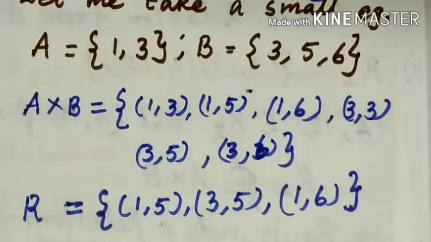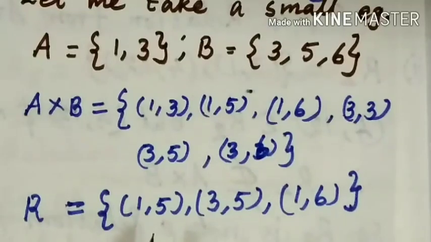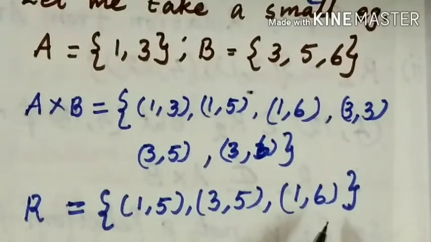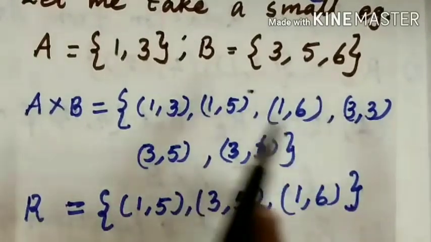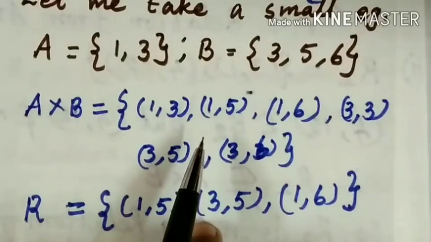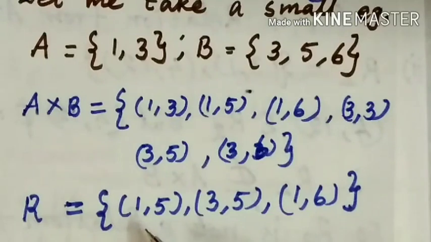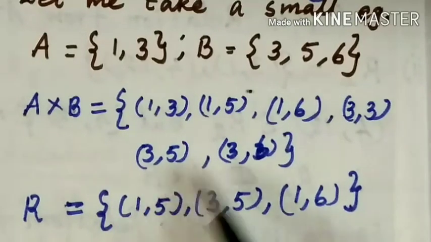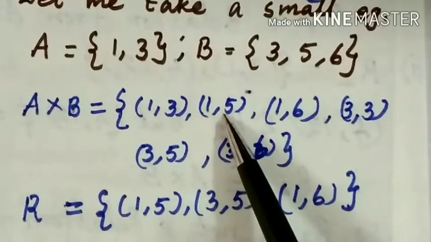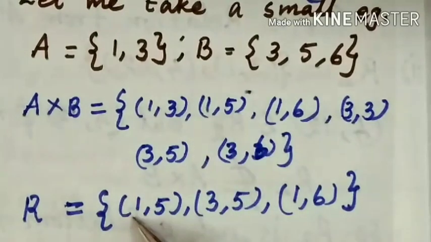Now you just observe all elements present in set R are present in A cross B. For example, you take the first element of set R, (1, 5). Is this present in A cross B? Yes.